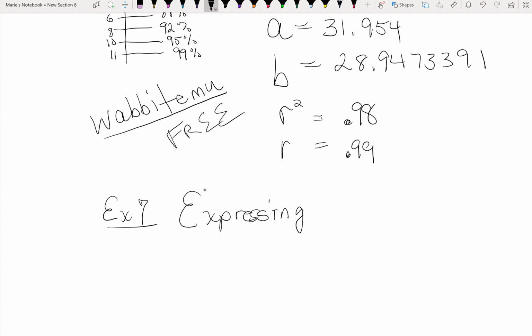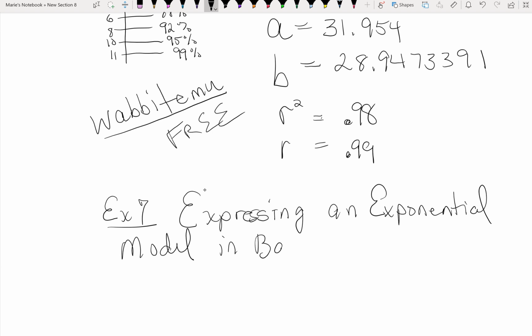Sometimes the pen does what it wants. So, expressing an exponential model in base e.